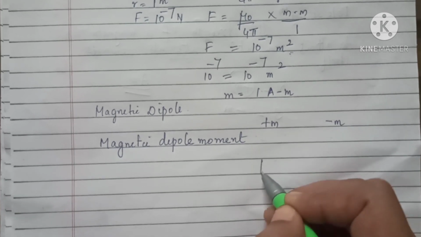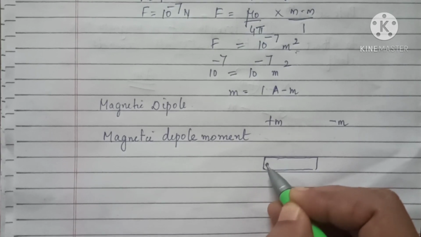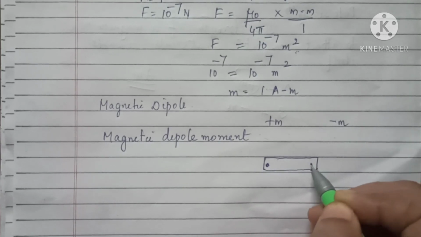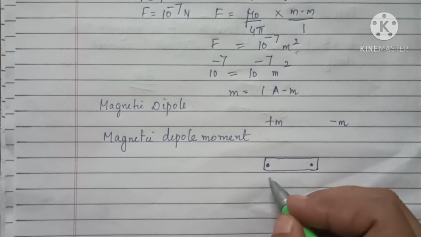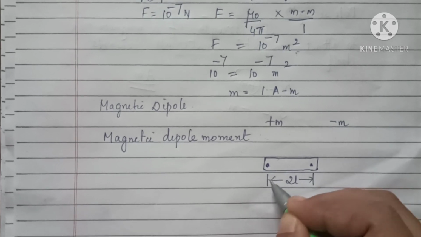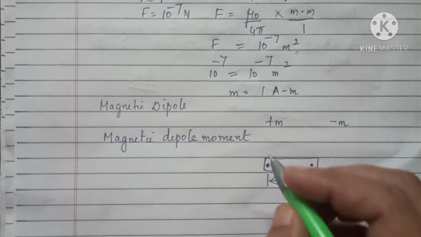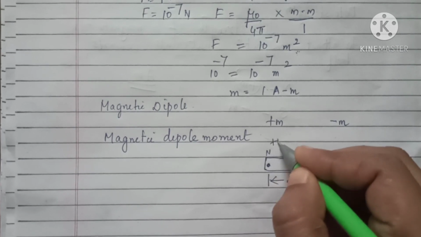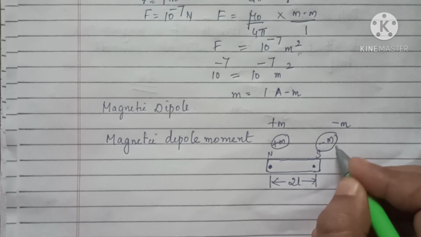So if you are considering a bar magnet like this, it is having two poles which is separated by a distance, and here the distance is noted as 2L. Okay, magnetic length is denoted as 2L, and then the pole strength, if it is north, it is having plus m, and south means minus m pole strength.